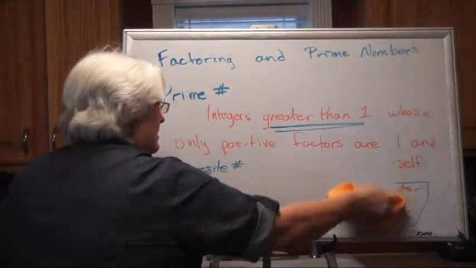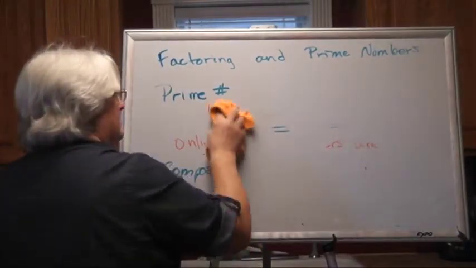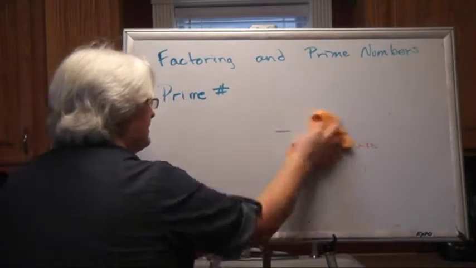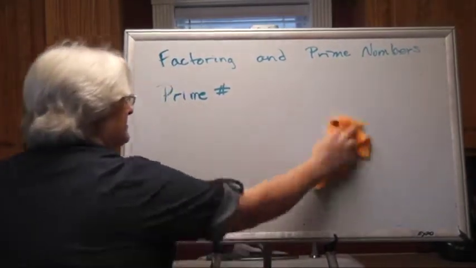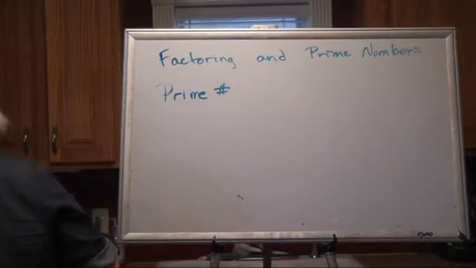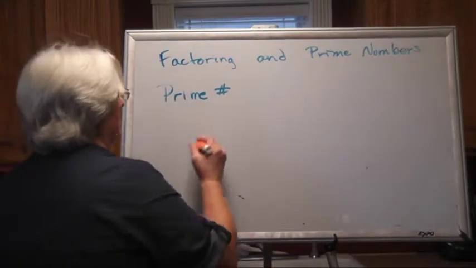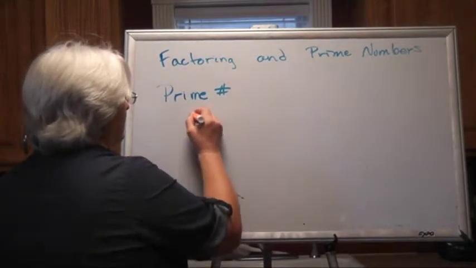So now that you remember the difference between prime numbers and composite numbers, let's come up with our first few prime numbers. Well, they have to be positive numbers, and they have to be greater than 1. So what about 2? What factors are there for 2?